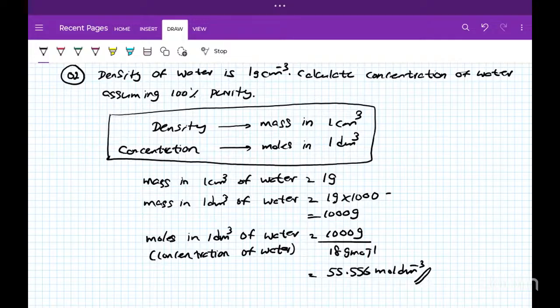This is a very, very large value in terms of concentration. So the concentration of water in water is 55.556 or something like that. This is 500 divided by 9, no? 500 divided by 9 means 55.555, right? So this is how you deal with density and concentration terms.